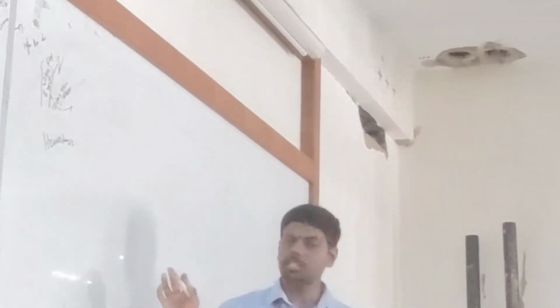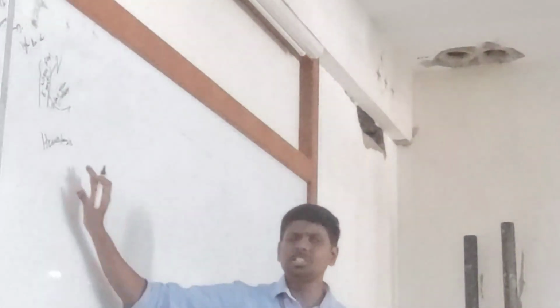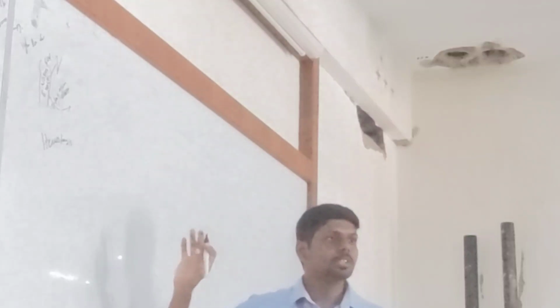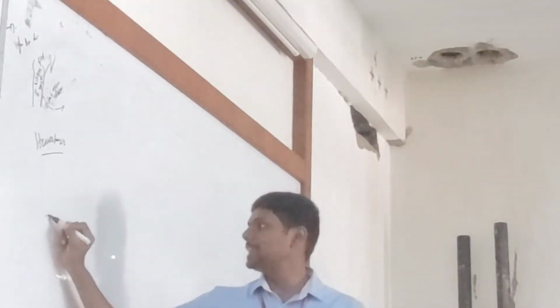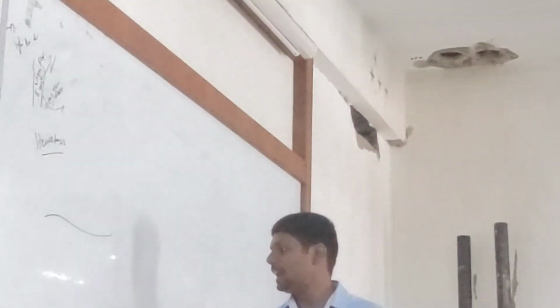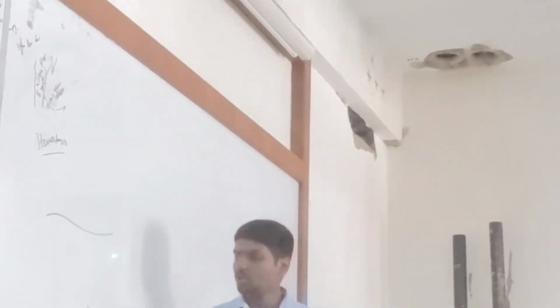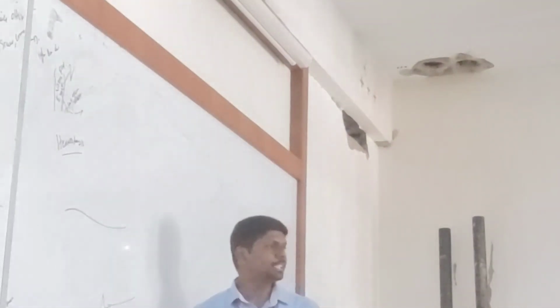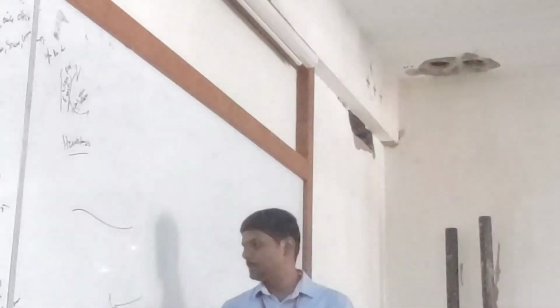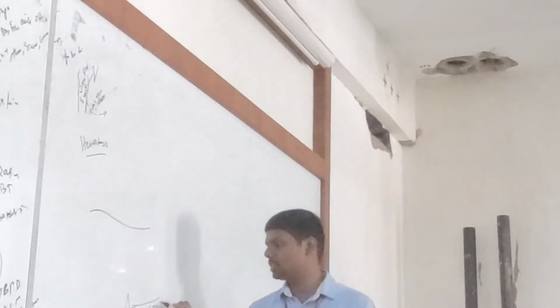Removal of clots is also hemostasis. Hemostasis starts with blood vessel damage. There is a blood vessel and it is damaged, something has penetrated. In a damaged blood vessel, collagen will be exposed.